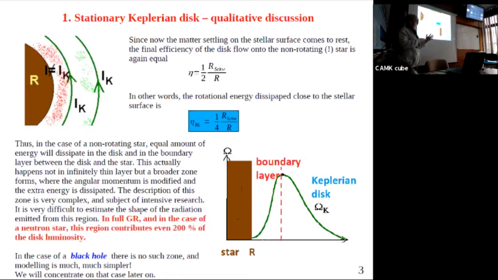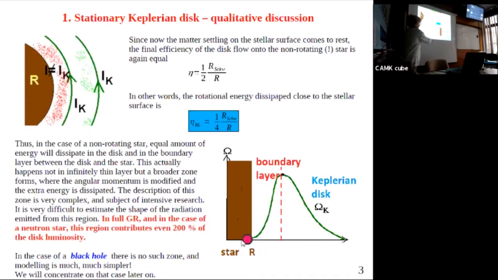Because, you know, if you have a rigid rotation, you have no viscosity, right? So in a sense, you can describe the accretion disk here in that part using a standard approach, because here you will have a zero torque boundary condition.